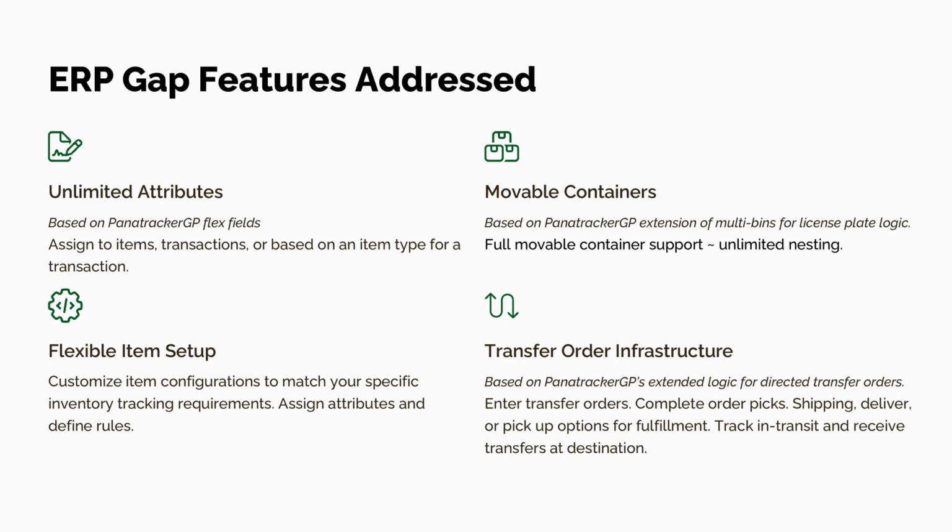We wanted to break away from the one-size-fits-all approach of item setup within an ERP and offer enhanced flexibility and configurable tracking options to fit a range of inventory management needs. We carried over many of the extended features in PanatrackerGP that we added to address inventory tracking gaps. We expanded on those capabilities to deliver a flexible and purpose-built solution without being constrained by limitations of any single ERP system.